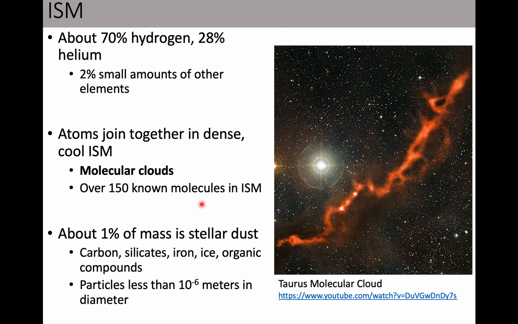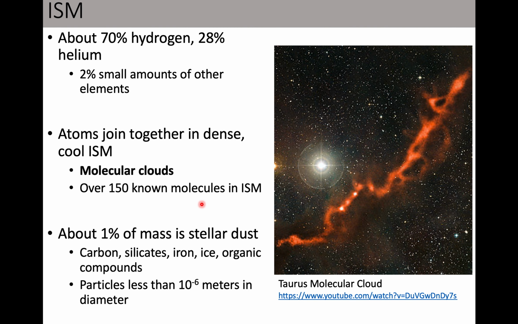So, what makes up the ISM? I've been saying it's a cloud of particles, it's a cloud of dust. It's actually about 70% hydrogen, 28% helium, 2% other things. So similar to almost everything in space, it is hydrogen and helium. What makes this unique is it is a cloud of this material.